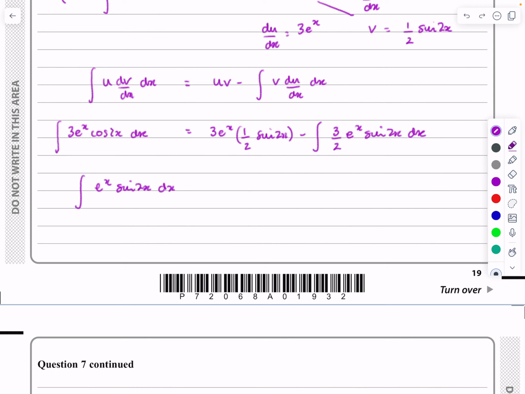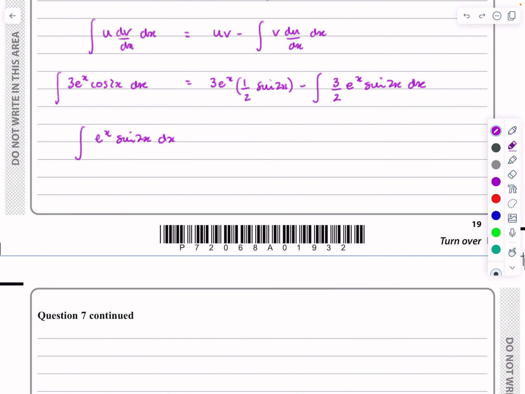There is some quite nasty algebra to do, but let's just focus on seeing if we can integrate this bit here. To do that, we need to do integration by parts for a second time. So u equals e to the x, dv by dx is sine 2x, so du by dx is e to the x again, and v is the integral of sine, which is minus a half cos 2x.